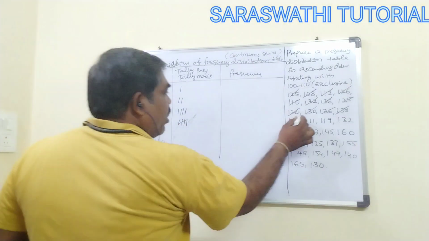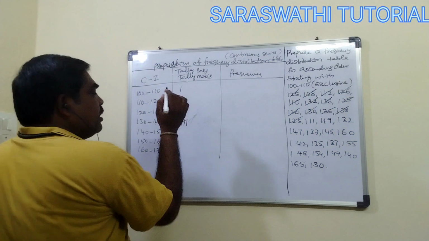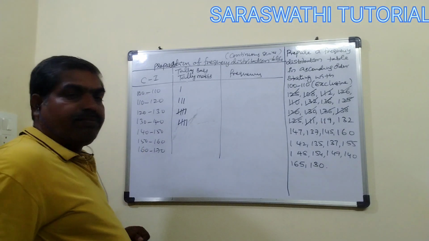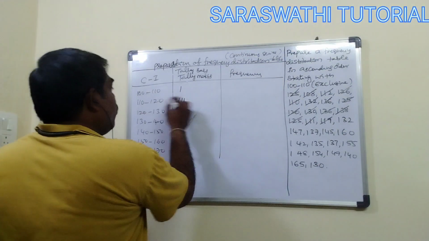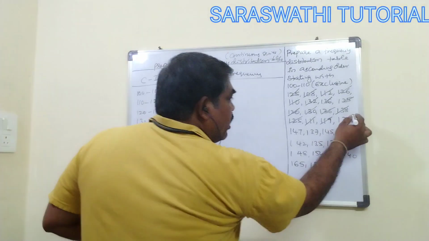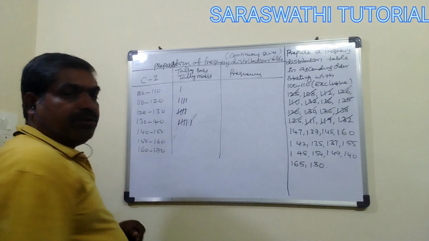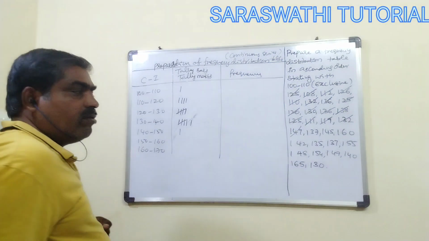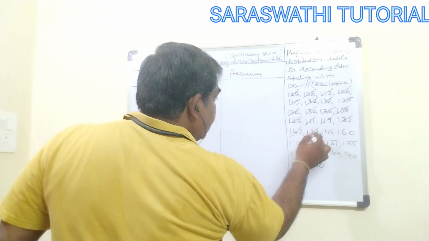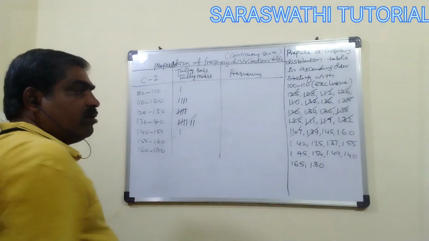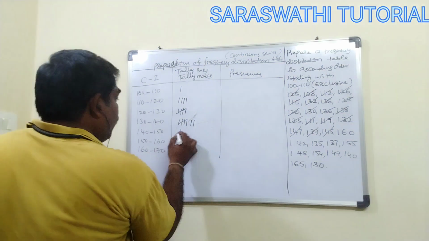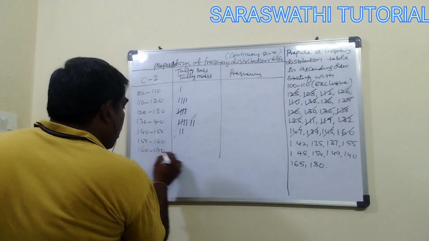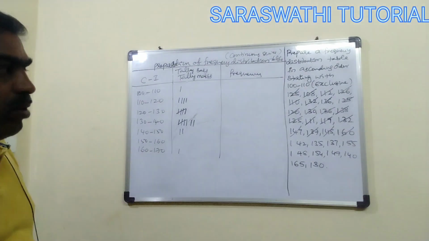Next, 125, 120 to 130, same. Next, 111, 110 to 120. Then 119, same, 110 to 120. 132, 130 to 140. Next, 147, 140 to 150. Then 137, 132, 140. 145, 142, 150. Next 160 comes last, 160 to 170, as lower limit.